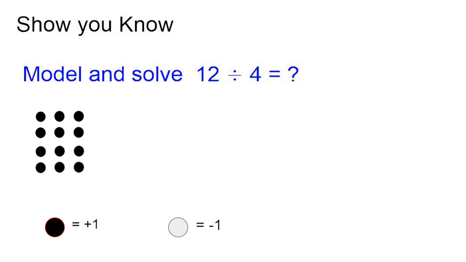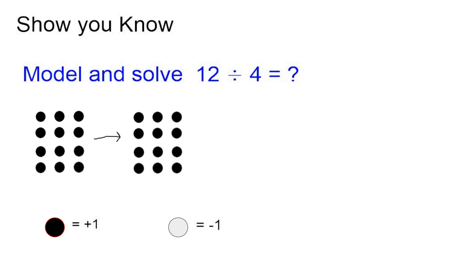And now I want to show that I am splitting these integer chips into groups of 4. So I'm just going to make a copy of that there. And it's, again, my divisor and my dividend here. I am splitting my 12 into groups of 4.